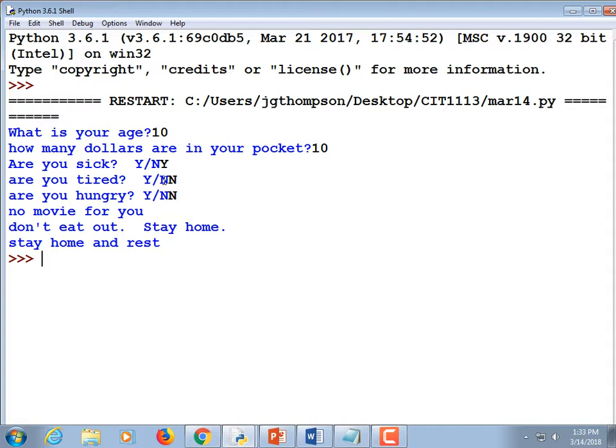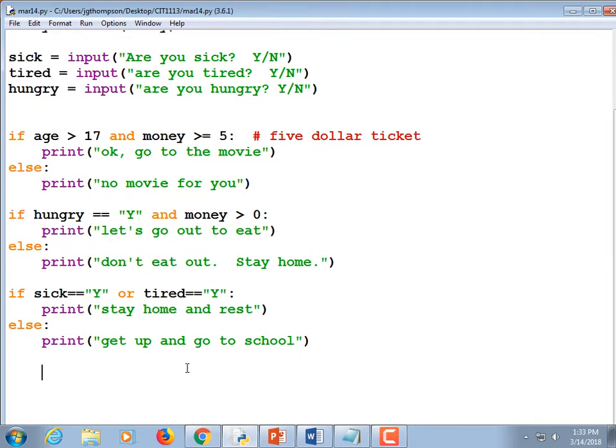So maybe some of the expressions should have been more complicated, right? If we're sick, we probably shouldn't be going to the movie. And if we're sick, we probably shouldn't be going out to eat. So we could try to write a more complex expression using both ands and ors.